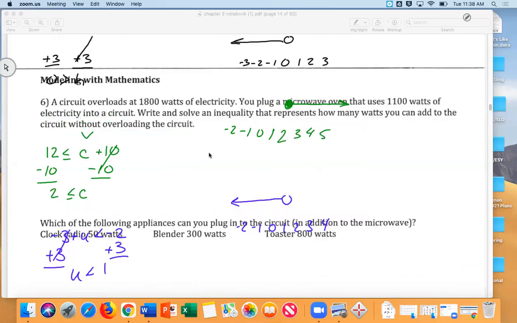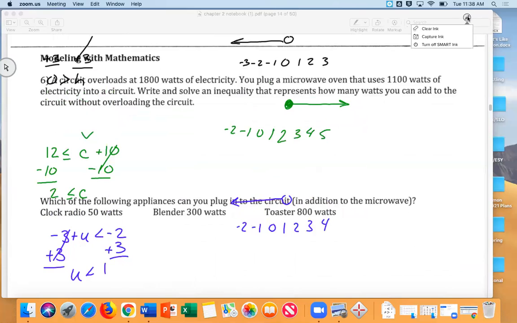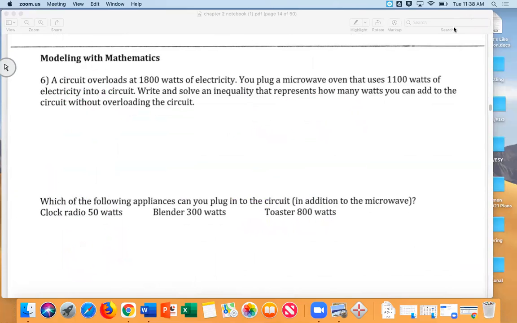All right. Now, here is why we need inequalities. Now, Ava, have you ever plugged too many things into an outlet and it popped? Do you know what that's called when you pop the outlet? Yeah, you kind of blew a fuse, right?